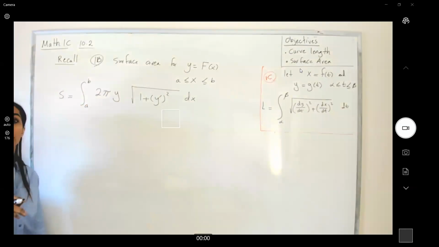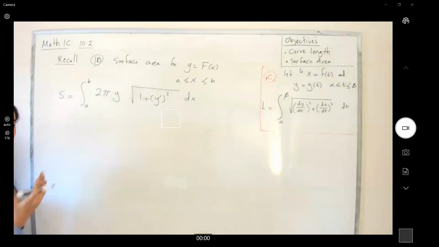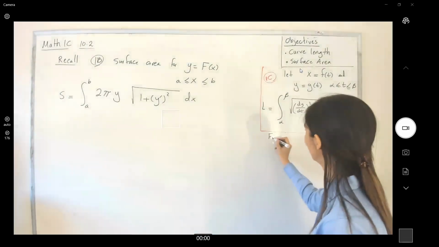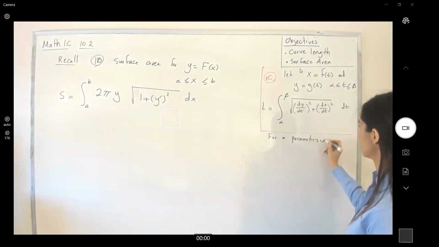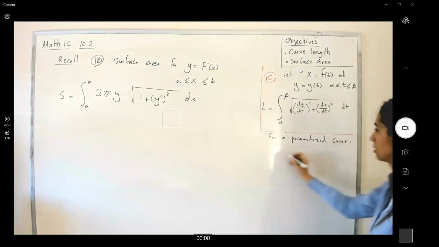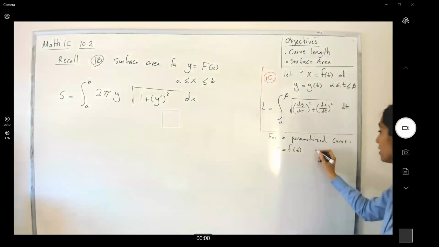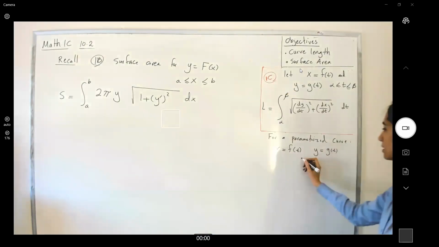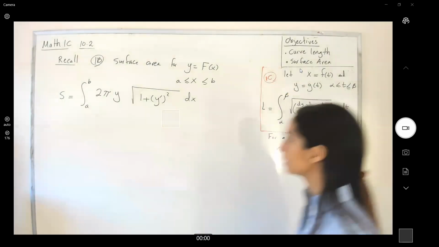Well, now we moved on in 1C to a parameterized curve. When you have a parametrization, we have the following. We define x to be f of t, x depends on t, and y also depends on t, g of t. And your parameterization t is bounded from alpha to beta.